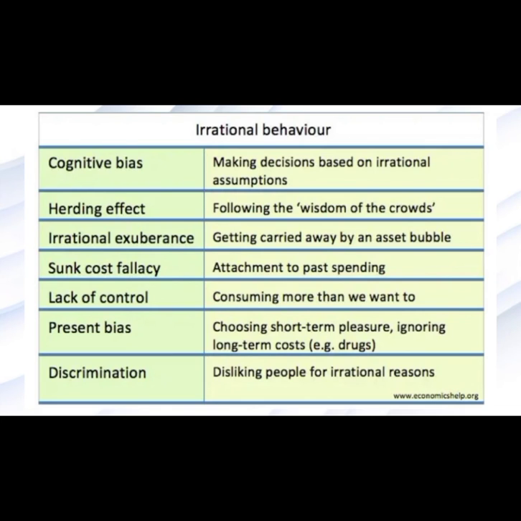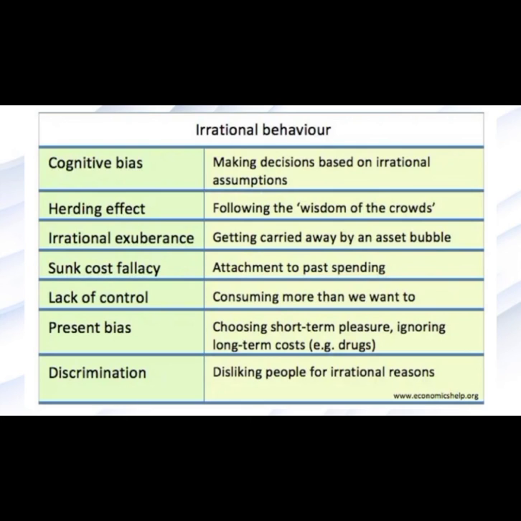Lack of control. Another irrational behavior may stem from a lack of control. A drug addict may wish to stop his habit, but the power of addiction makes it difficult to achieve. Rationally, we may want to stick to a diet and lose weight, but we get tempted by the pleasure of the present moment.